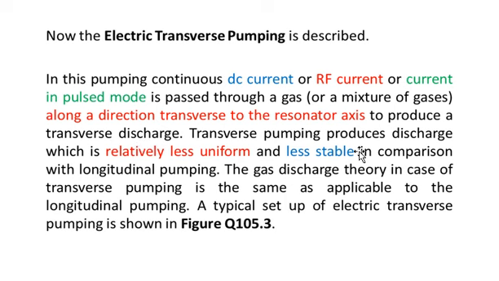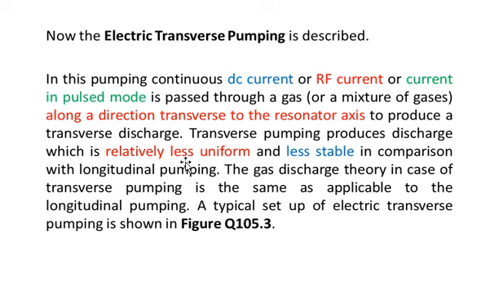Transverse pumping produces a discharge which is relatively less uniform. You see that this is one disadvantage of the transverse pumping, and it is less stable in comparison with the longitudinal pumping. So transverse pumping has two disadvantages.